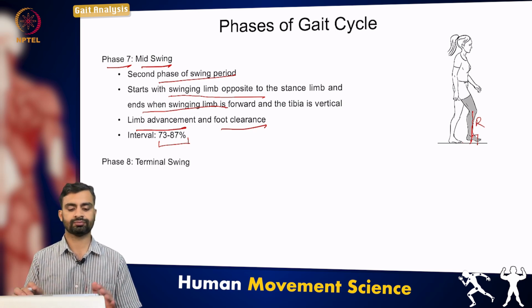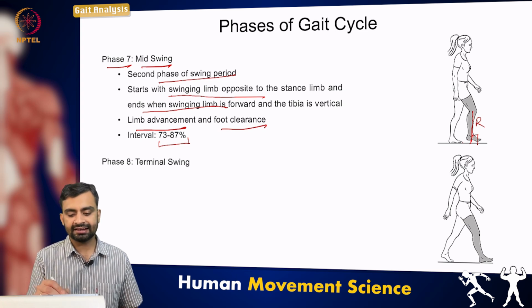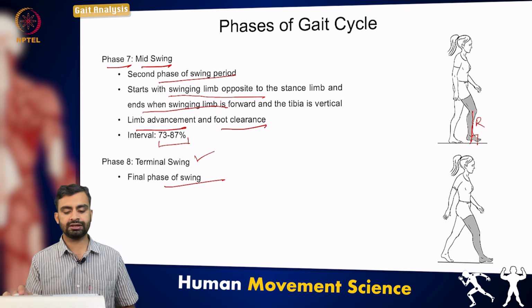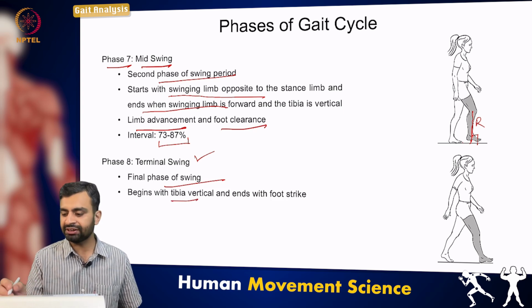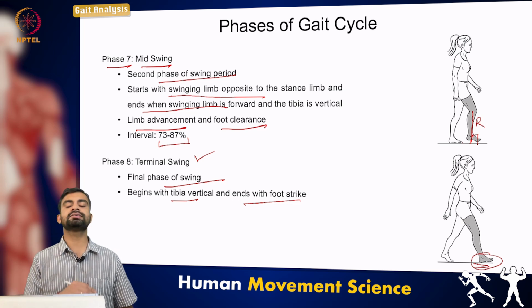And finally, the last phase of the gait cycle is terminal swing. It is the final phase of the swing, begins with the tibia vertical and ends with the foot strike over here with the same limb.